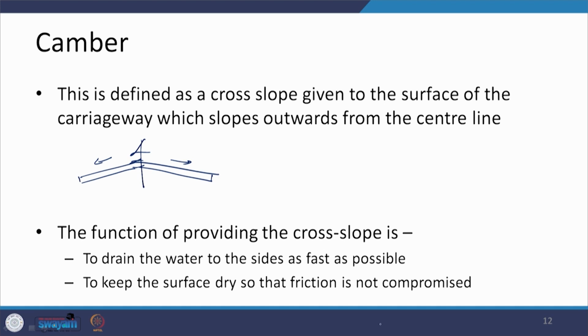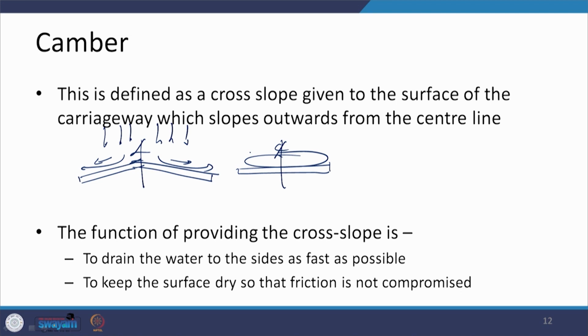Now, why are we doing it like this, and what is going to happen if we have a simple flat surface with 0% slope provided in the transverse direction? So, the very first thing is that whatever the rainfall is on this particular surface, water is coming and that water is going to drain towards the outer side, subject to this slope being provided, otherwise there is going to be ponding in the case of these types of pavements.